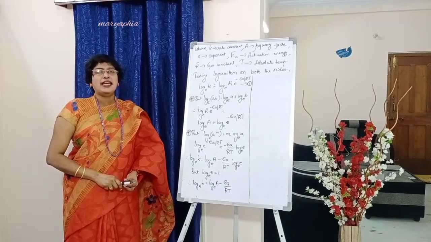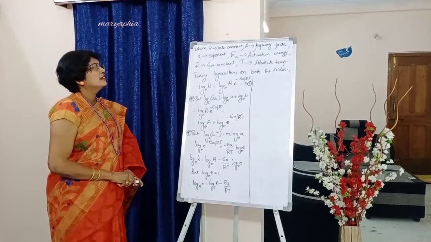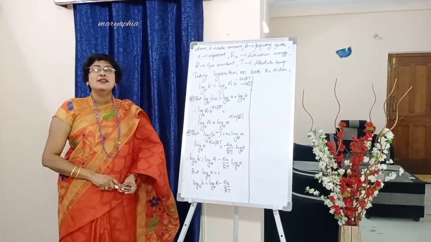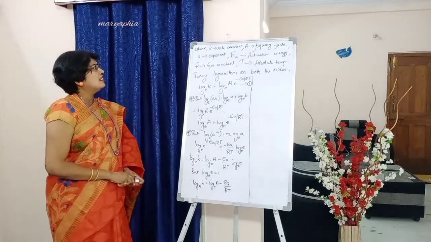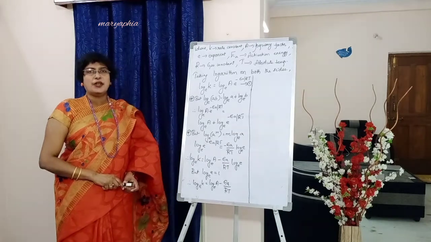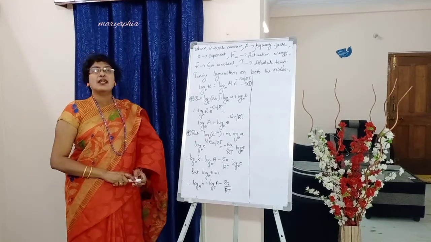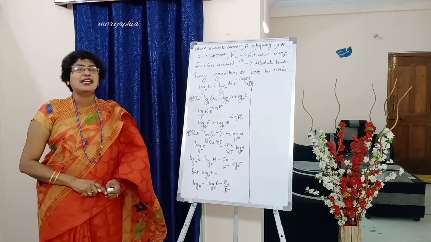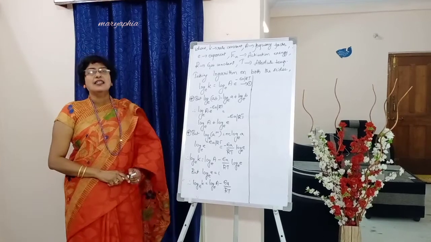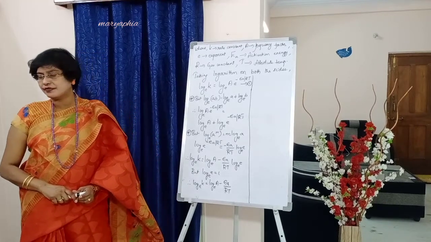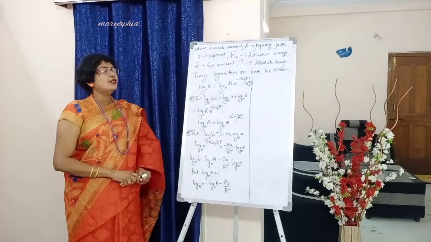Write down k = A e^(-Ea/RT), where k is the rate constant, A is the frequency factor, e is the exponent, Ea is called the activation energy, R is the gas constant, and T is the absolute temperature.